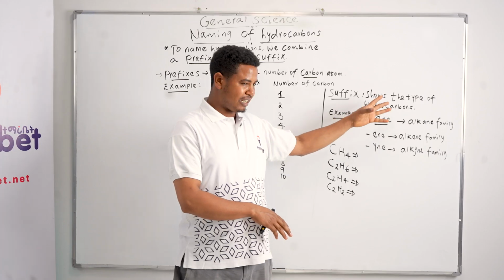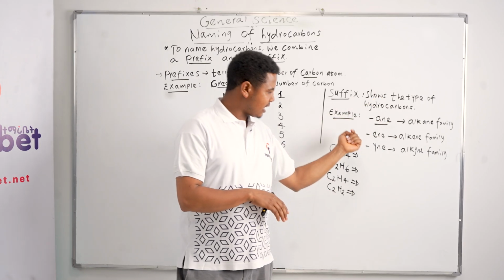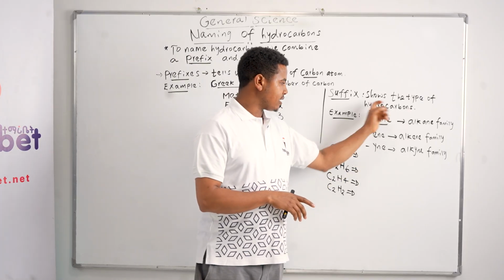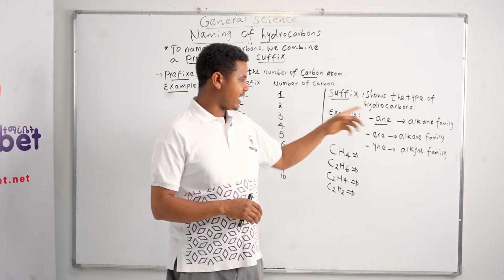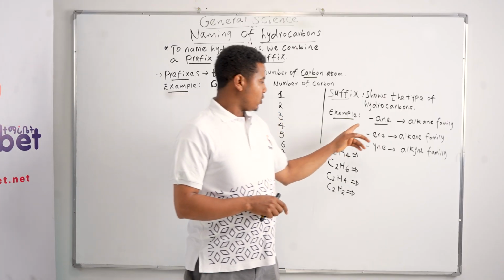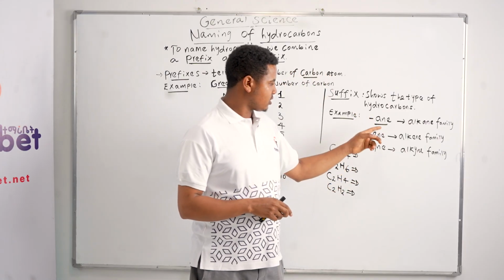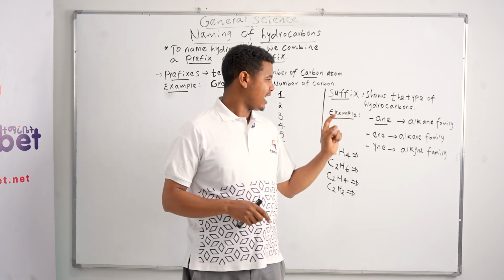Okay, so the suffix shows only the type of hydrocarbon. It doesn't show you the number. It shows only the type of hydrocarbon, whether it is alkane, alkene or alkyne. Here are the common suffixes that we use to name hydrocarbons. The first one is Ane. So if the last 3 letters end with Ane, that shows the compound is in the alkane family.